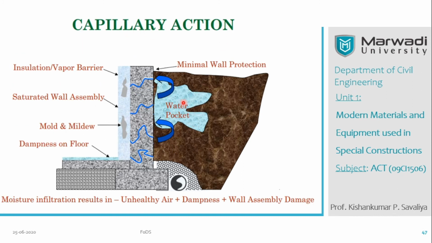If the water pocket is closer to your basement, when you are constructing a building there might be no water pocket, but after some time a water pocket can be generated due to heavy rain. That will create unhealthy air, dampness and water assembly damage. This is how capillary action happens.